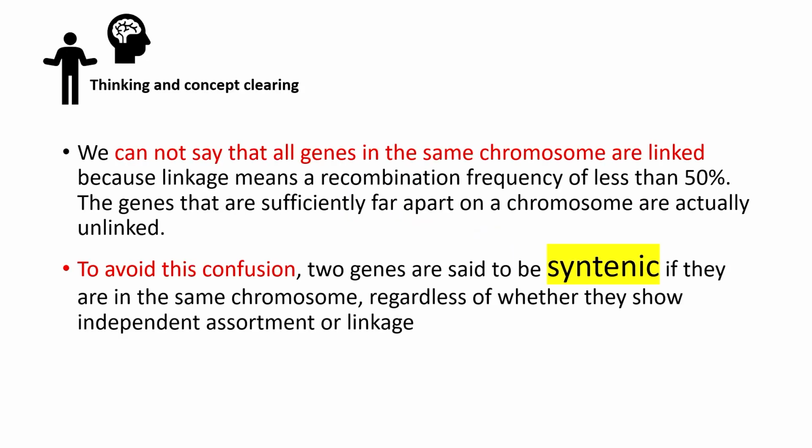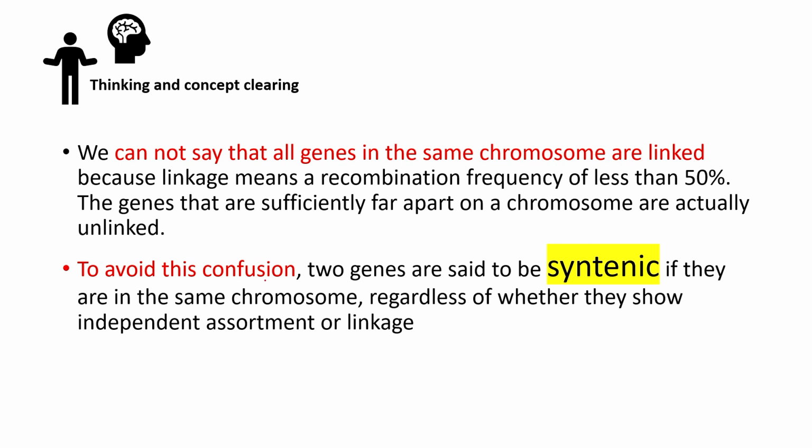Because we cannot say two genes are linked if their recombination frequency is 50%. You just saw why 50% is an important number, right? So those genes that are sufficiently far from each other on a chromosome, we cannot call them linked, right? You got the point? That means they are technically unlinked, because they have all the possibilities to segregate independently.